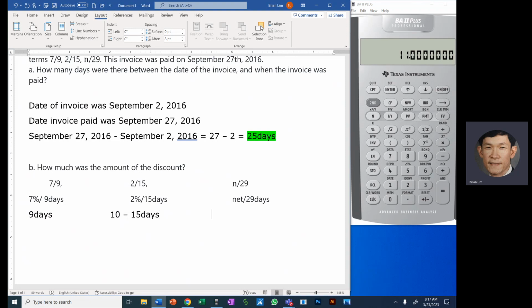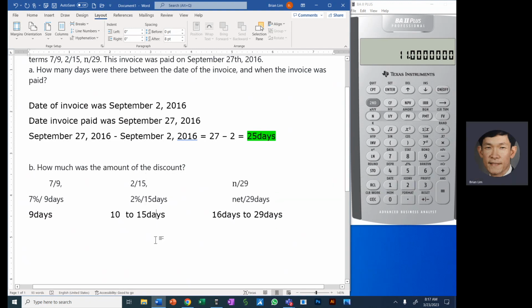And then this one really goes from 16 days to 29, maybe if you put the word "to" it might be better, because you might mistake the dash for being minus. There we are. All right, so those are the discounts. So how many days? Well, we have 25 days. So we've passed 15. We are in this one here.